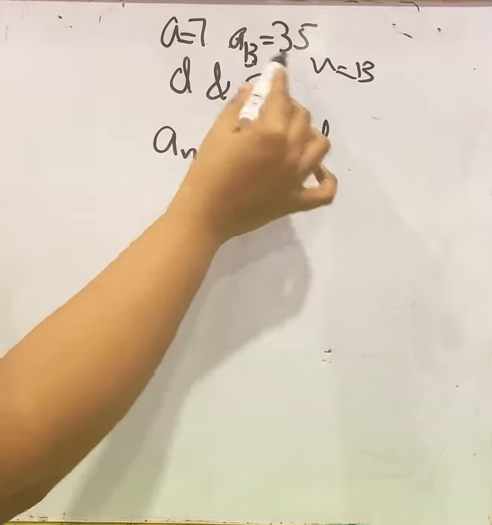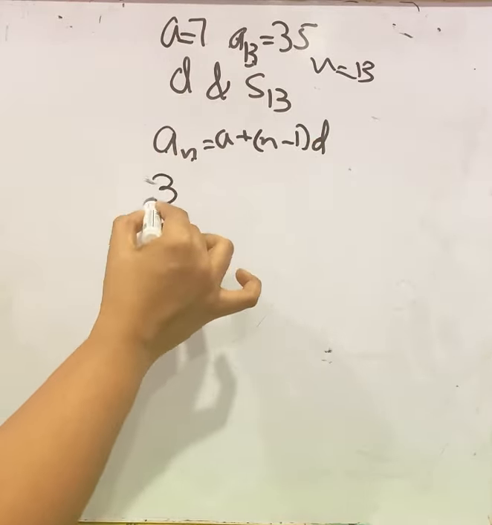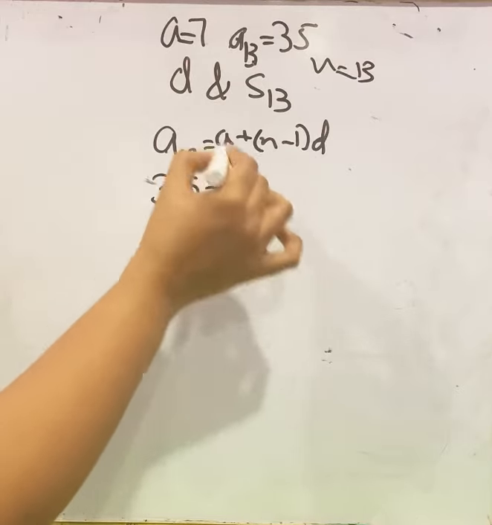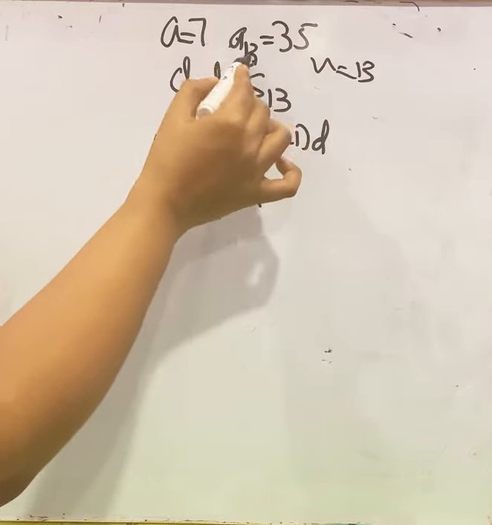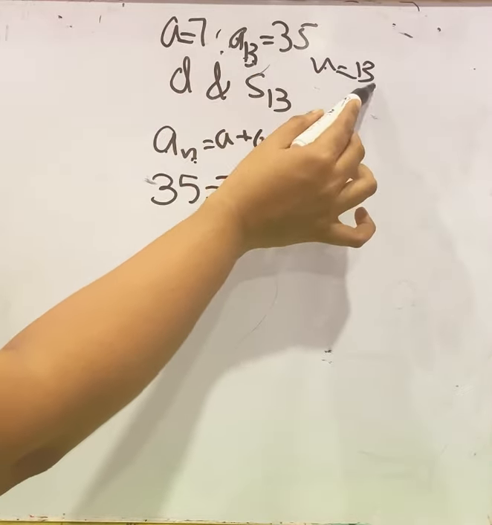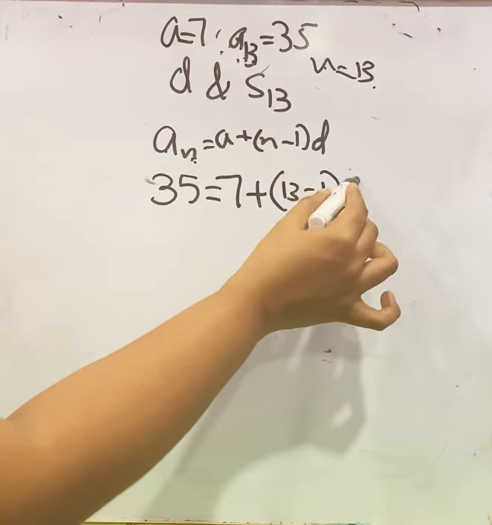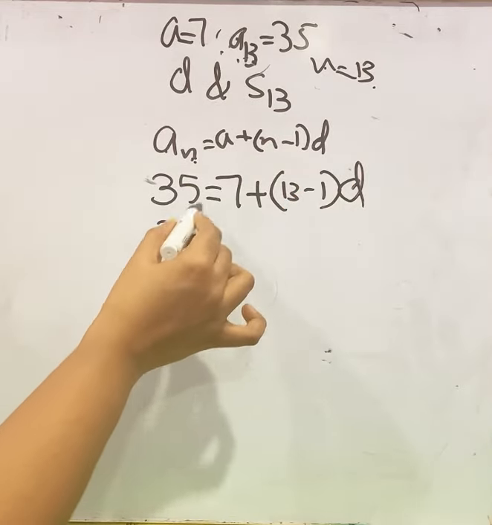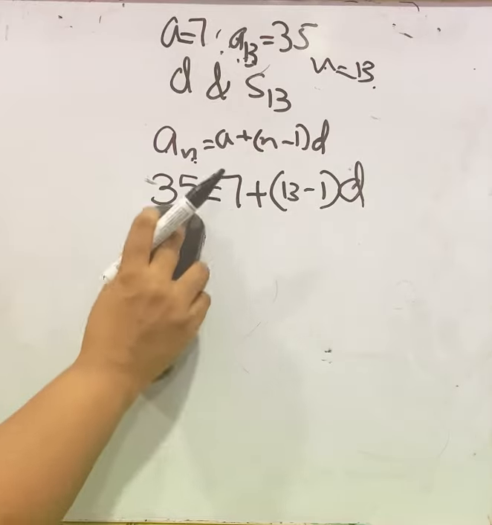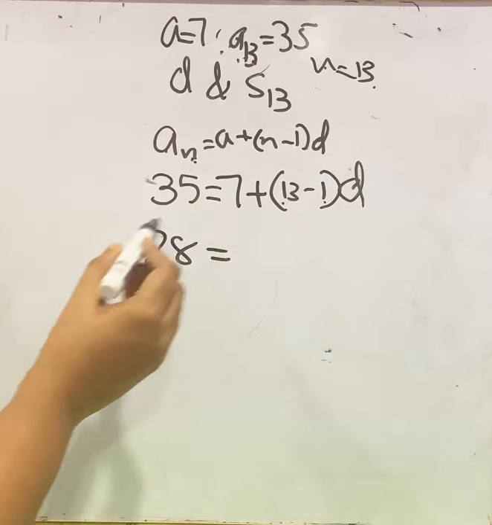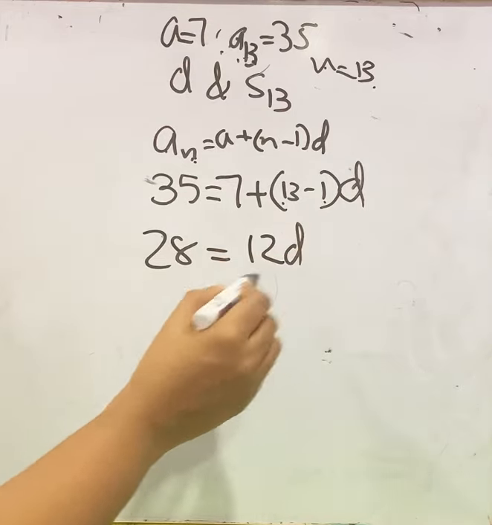Substituting the values, instead of an we write 35 equal to 7 plus (13 minus 1) into d. Here it becomes 35 minus 7 is 28, equal to 13 minus 1 is 12, into d.